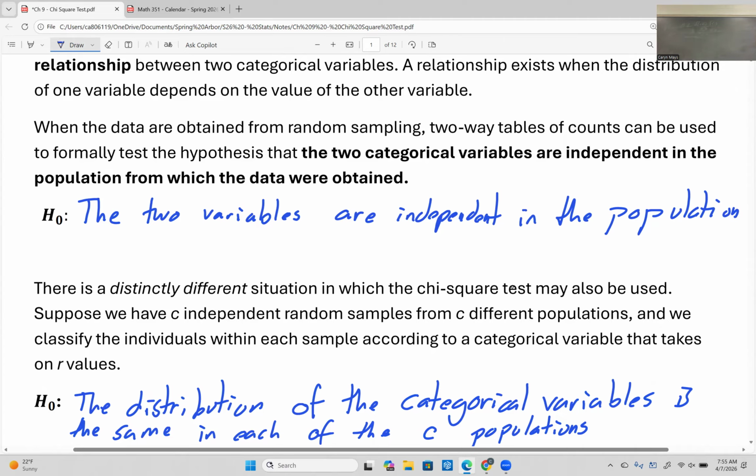The chi-square test is formalizing that: did the class actually have an effect on whether they survived or did not survive? Were they independent from each other in the population? Are the distributions the same in each of those C populations?